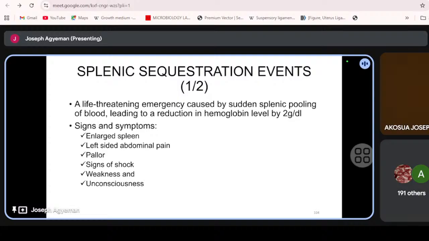But in SCD, remember, we said there is always chronic inflammation, if not from an infection. The person is always having chronic inflammation. And the moment you have chronic inflammation and you produce more white blood cells, neutrophils, a type of white blood cells, are always activated the moment they see infections, especially bacterial infections. And you get increased attachment of neutrophils to the endothelium. Once you get increased attachment of neutrophils to the endothelium, you are causing inflammation.